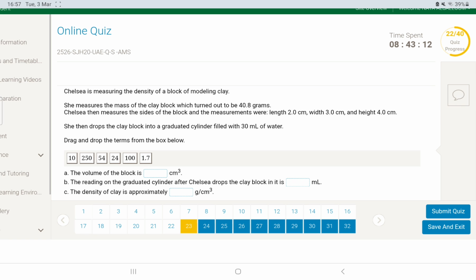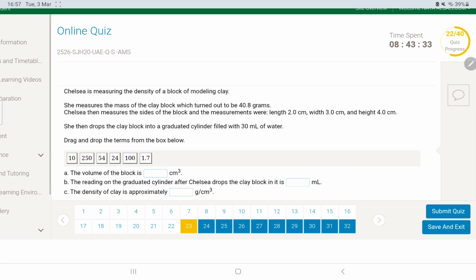She then drops the clay block into a graduated cylinder filled with 30 milliliters of water. Okay, what is the volume of the block? And the reading on the graduated cylinder after Chelsea dropped it? And what is the density of the clay?